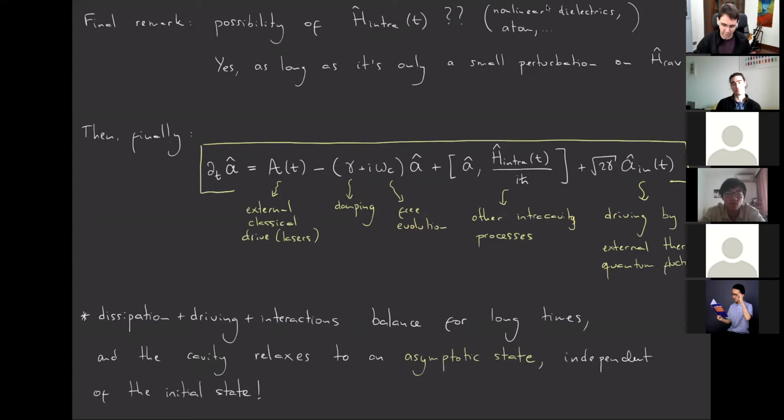This is actually very intuitive, because whenever you have damping in your system and driving, your system will start somewhere, but as you evolve in time, it will reach a new kind of equilibrium.